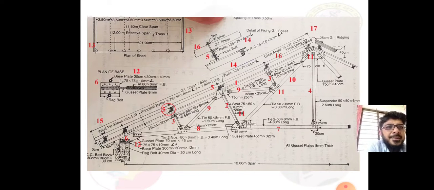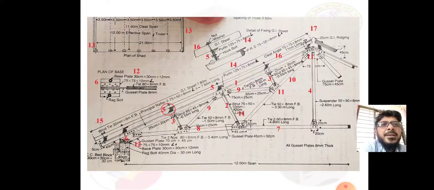Now the same drawing is given in the textbook. What I have done here is numbered each member, so while estimating it becomes very easy to locate the position of that member. In this diagram we can see the plan at the corner and the section. In red color the numbering will be done.